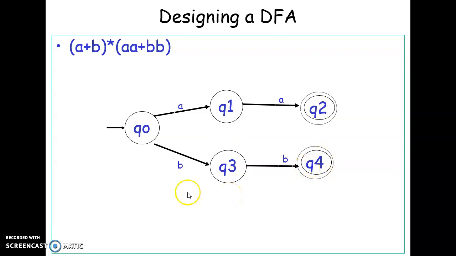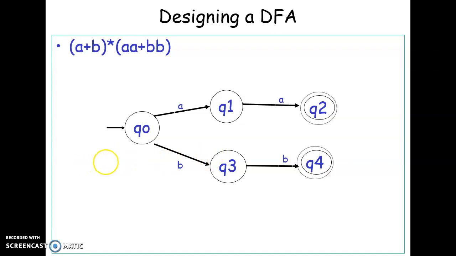Now, how can we handle the (A plus B) whole star part? I have the start state. I already have an outgoing edge for A and I already have an outgoing edge for B. The deterministic restriction says that we cannot have multiple transitions with a letter.